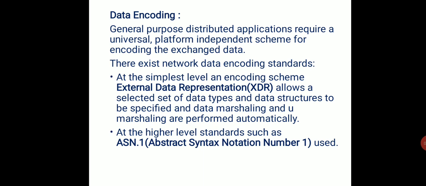Next, data encoding. General purpose distributed applications require a universal, platform independent scheme for encoding the exchanged data. So there exist network data encoding standards. At the simplest level, an encoding scheme, that is external data representation or XDR, allows a selected set of data types and data structures to be specified, and data marshalling and unmarshalling are performed automatically.